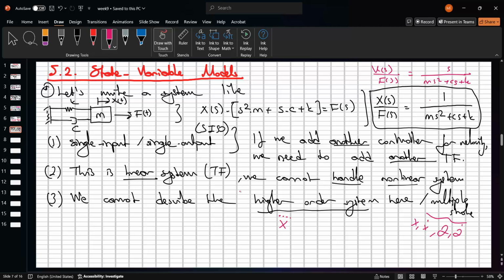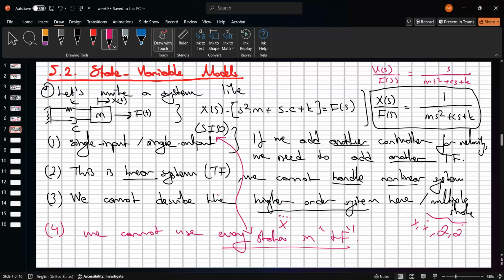So we can conclude that in this case we cannot use every state in the transfer function, because we have a single input and single output system in the transfer function. Okay? We cannot do that. Do you understand what the problem is here?